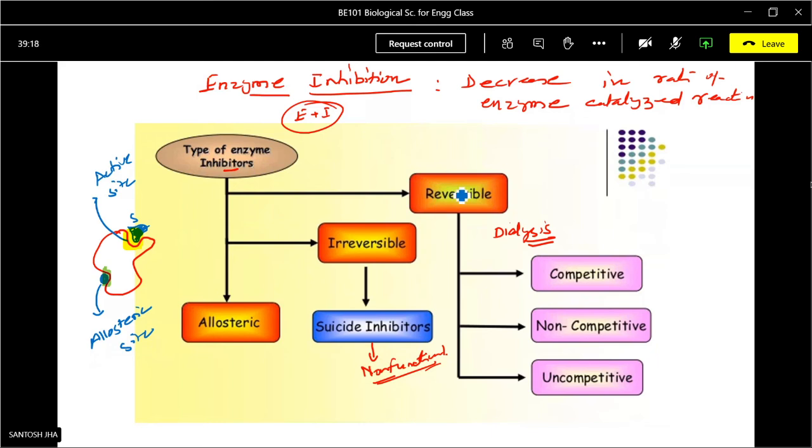But among these reversible inhibitions, three are very important: competitive, non-competitive, and uncompetitive.